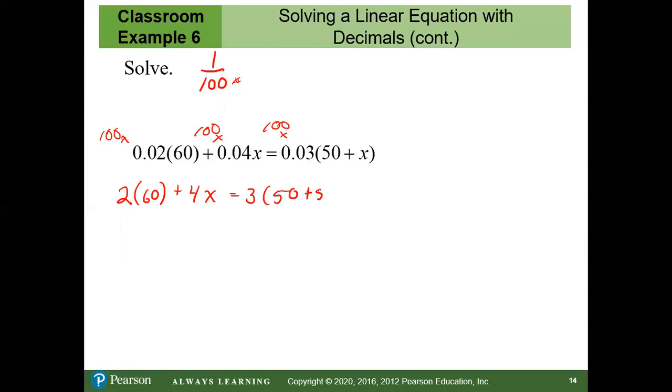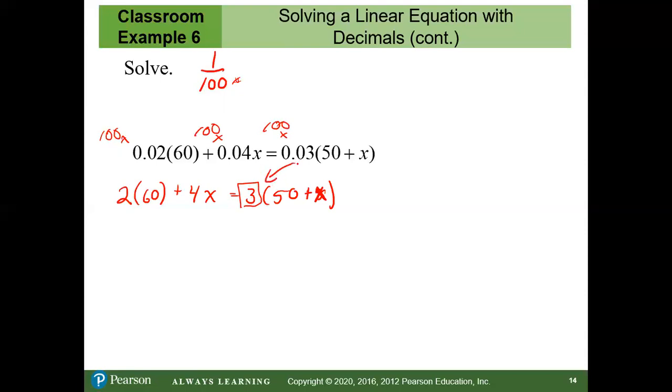Now, one of the most common mistakes that I see from students is that they multiply these values that are in the parentheses by 100 as well. You should not do that. You cannot do that because you're already multiplying this 50 plus x by some number that is 100 times bigger than it was.